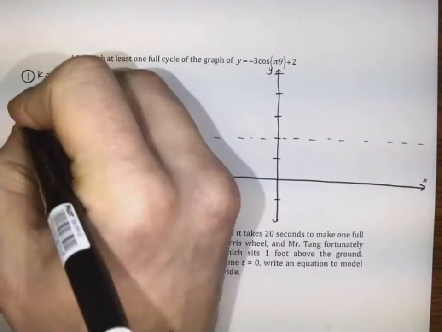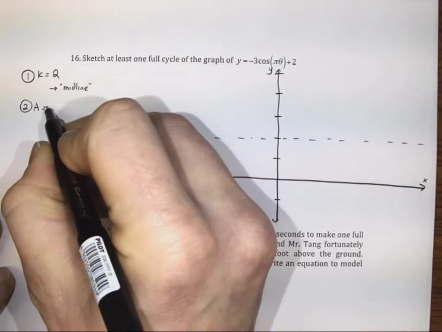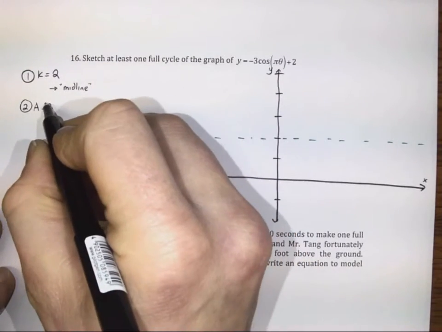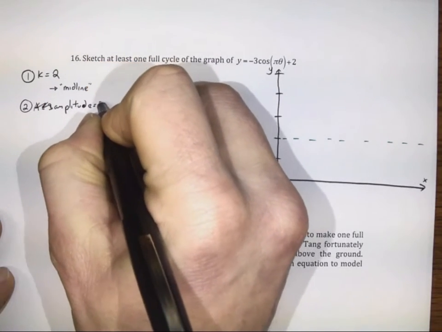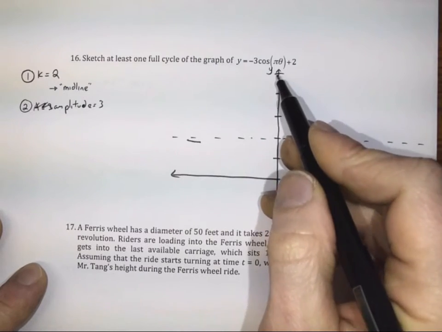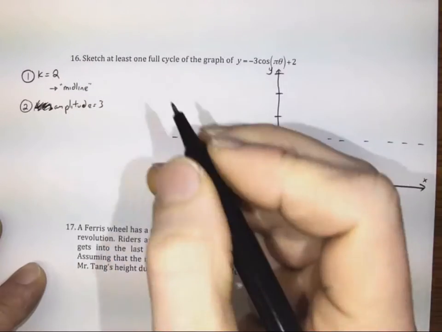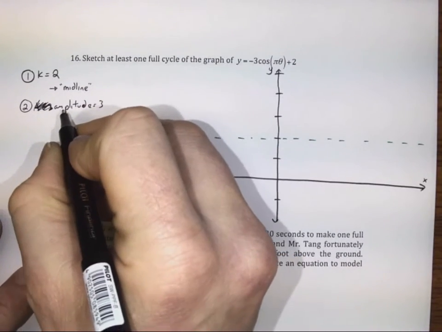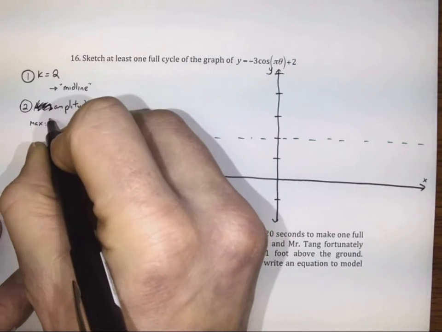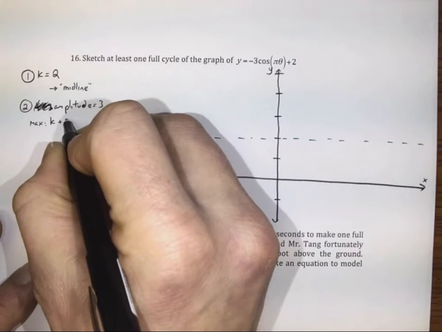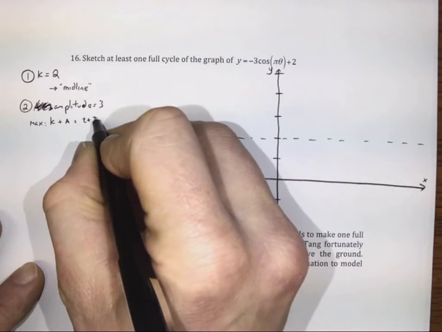I might also find out what my max and my min are. So I know my amplitude is 3. That means my graph is going to rise 3 units above the midline and 3 units below the midline. So our max is going to be k plus a, which is 2 plus 3, 5.